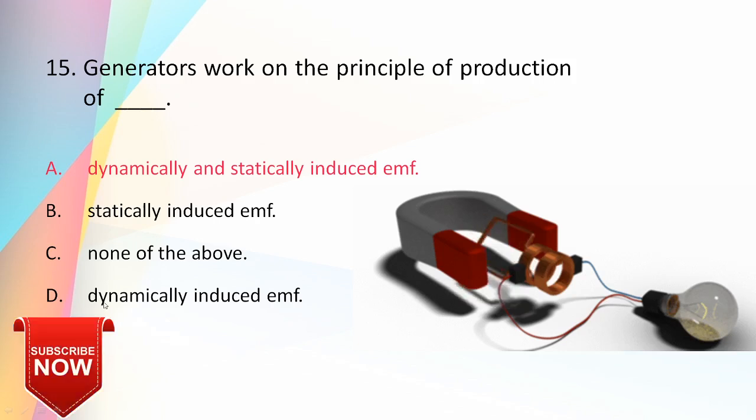The answer is dynamically induced EMF, because we know that there are two kinds of EMF production: statically induced EMF and dynamically induced EMF. In generators, the armature is moving, so there is motion, so it is dynamic in nature. So generators and motors work on dynamically induced EMF, but a transformer works on the statically induced EMF principle. So the answer is D.